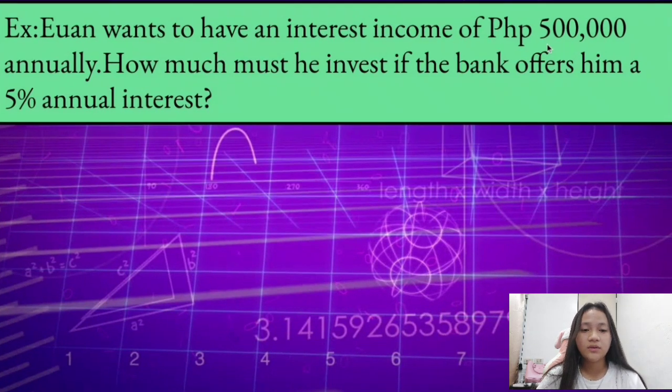So the next is an example where you will find the principal amount. U1 wants to have an interest income of 500,000 annually. How much must he invest if the bank offers him a 5% annual interest?